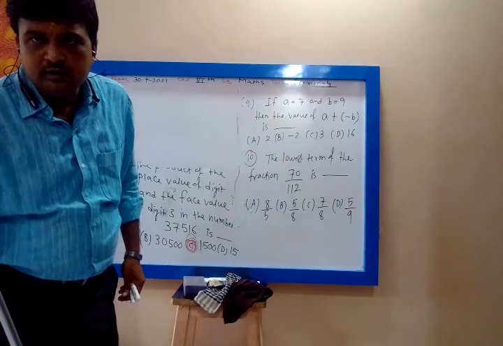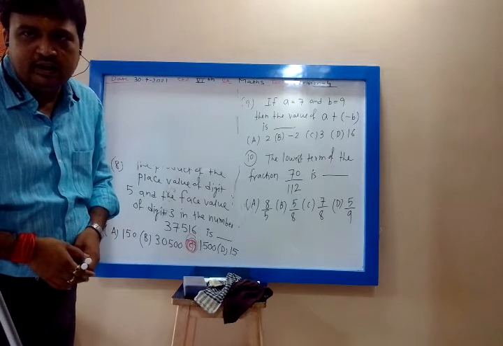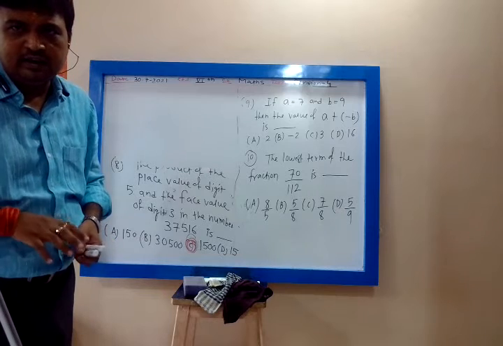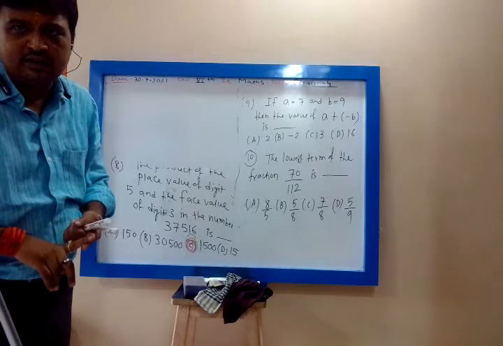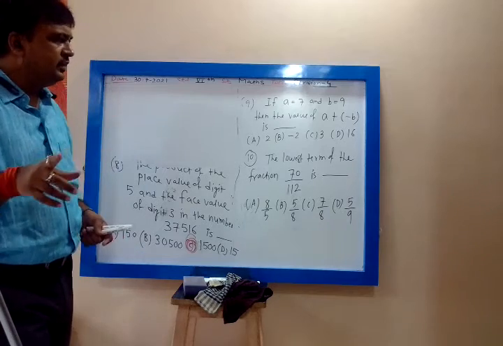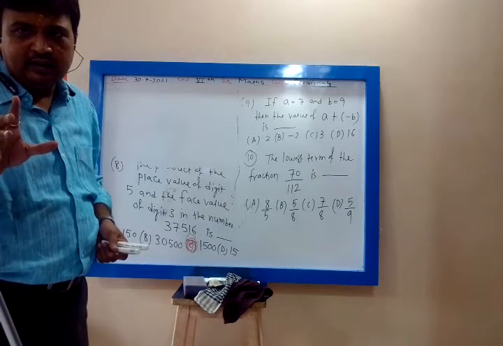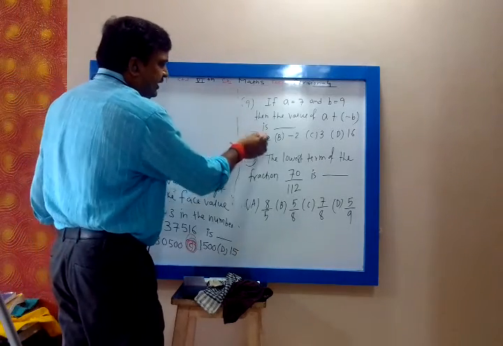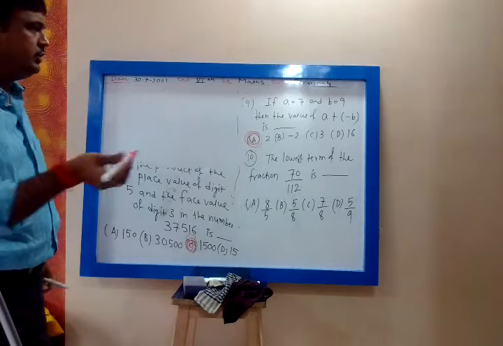A is wrong answer. Wait. A majority are getting A. B is the wrong answer. C is the wrong answer. Majority are telling A. Let us check it. No harm.